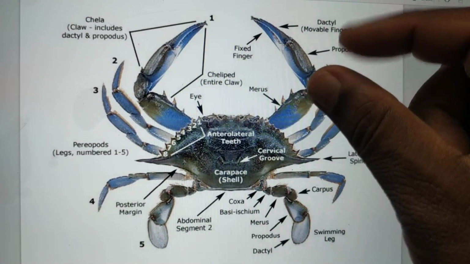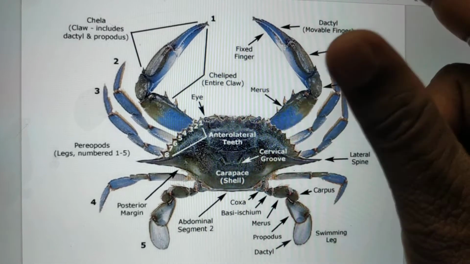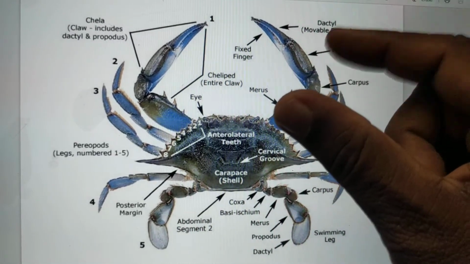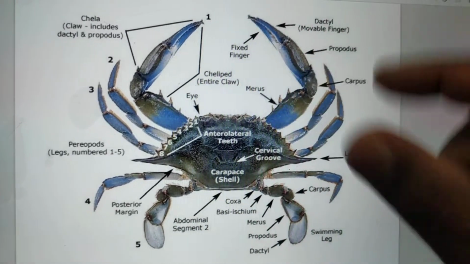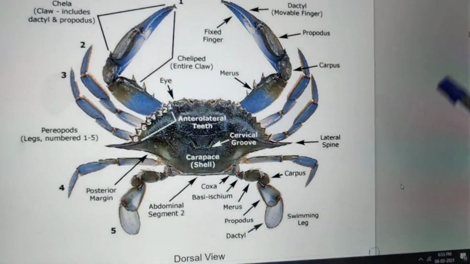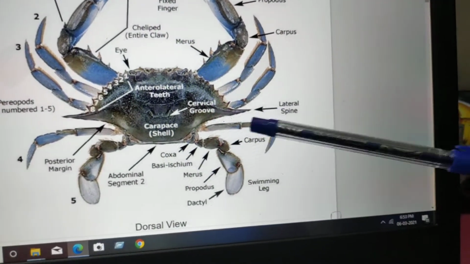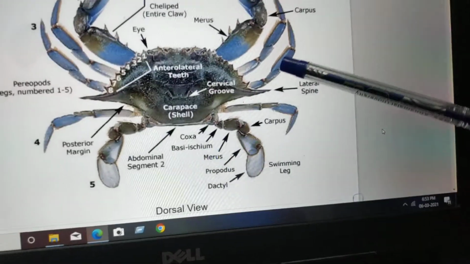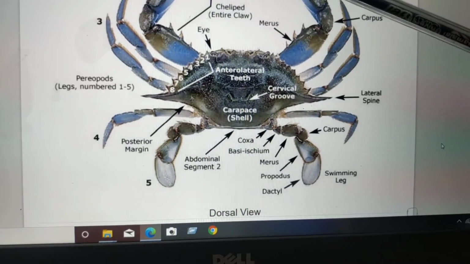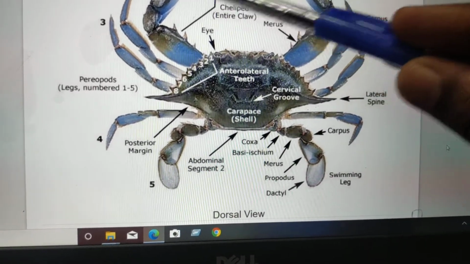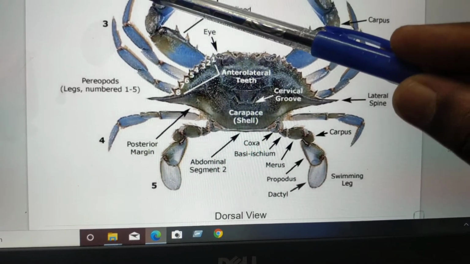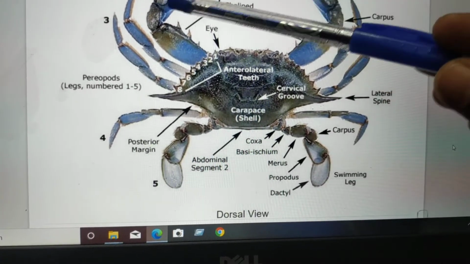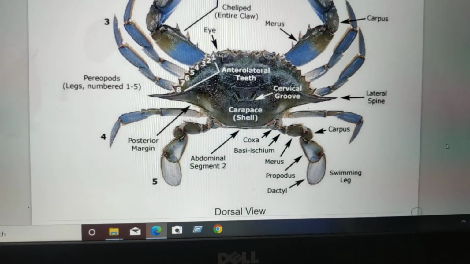Just imagine this is a lower part of dactyl, and this is an upper part. The upper part is movable and the lower part is fixed. Then these walking legs are generally technically called pereiopods. The chelate legs, the chelae, include dactyl and propodus.